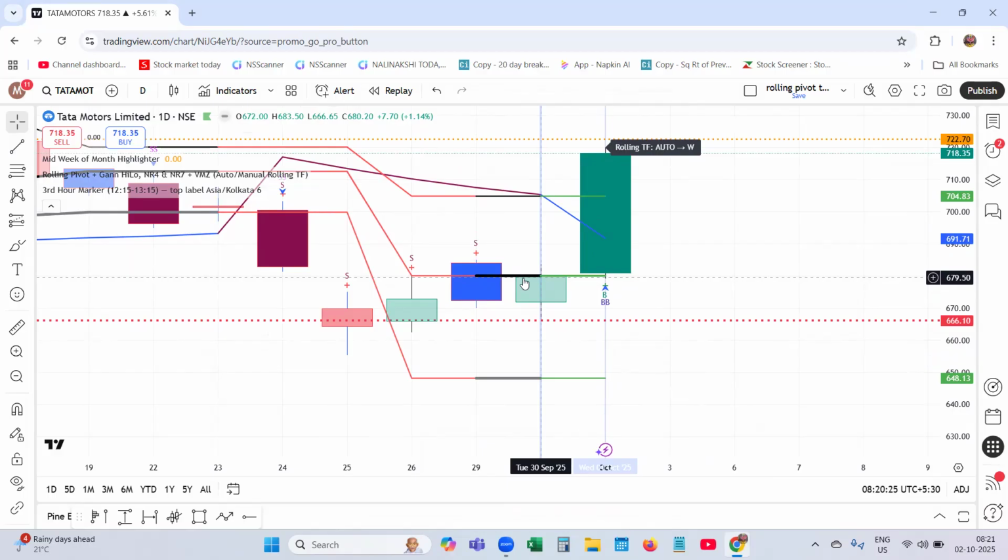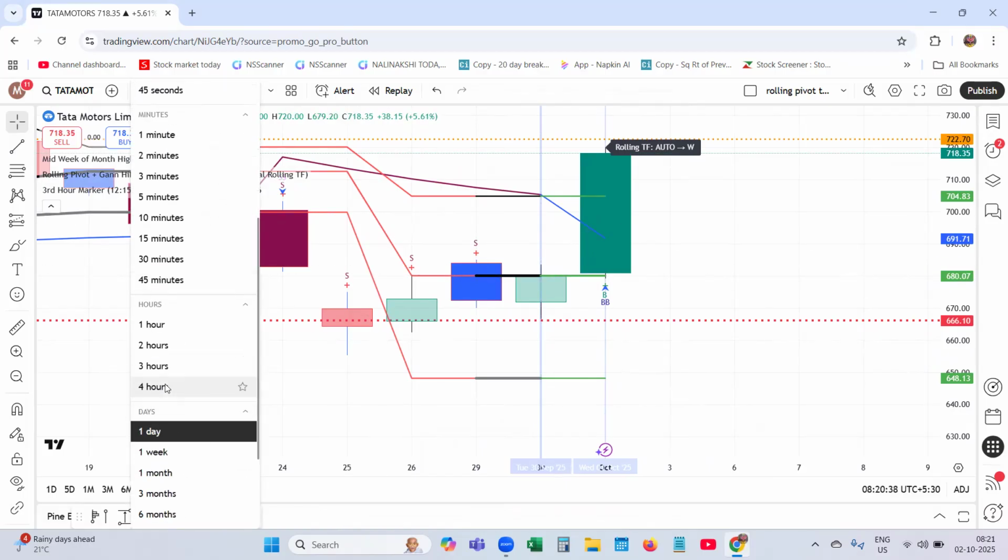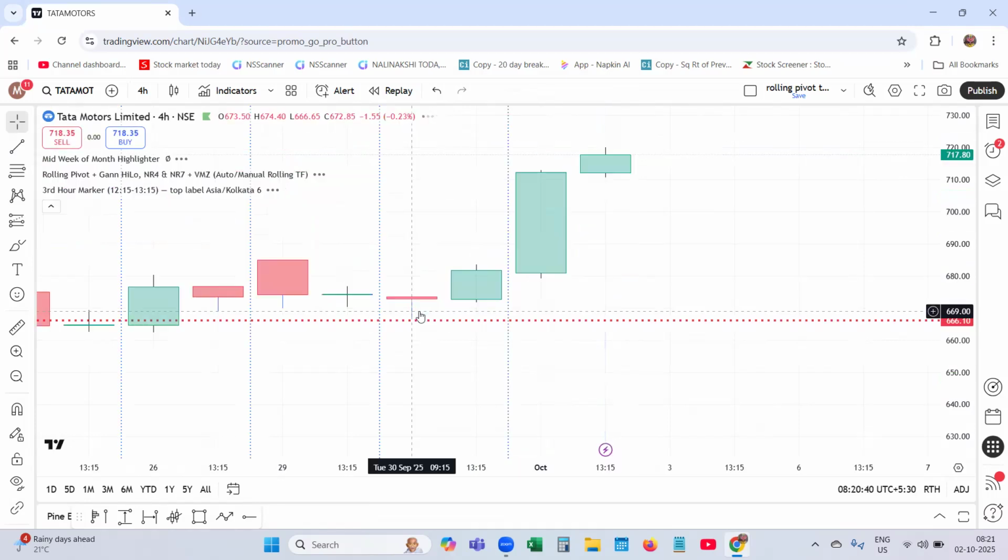From this candle to this candle, the yellow signal has been plotted. Let me change it to the 4-hour time frame to show what is happening.